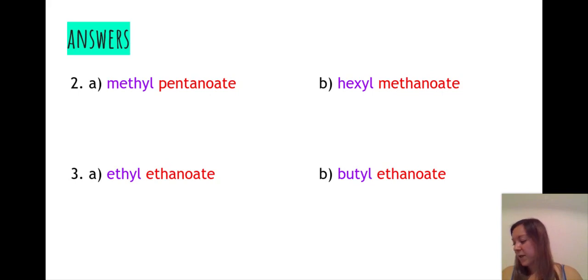And B, we have, let's just check this one's right, 4 carbons on the alcohol part, which is butyl, and 2 on the acid part, which is ethanoate. So butyl ethanoate. So number 3A should be ethyl propanoate, not ethanoate. Whoops.